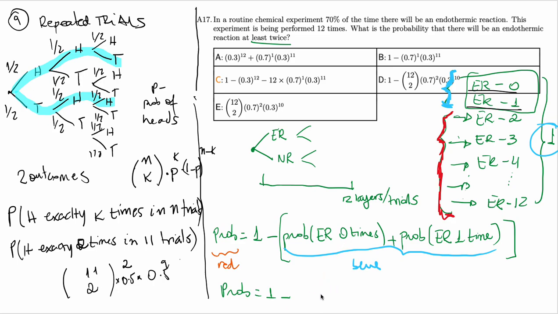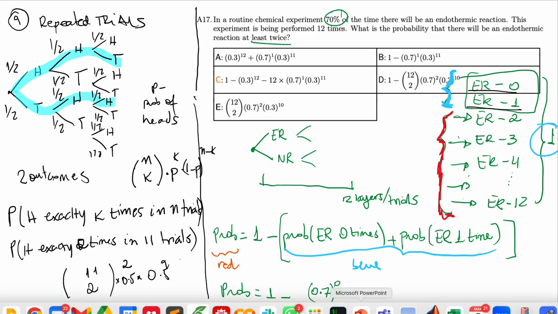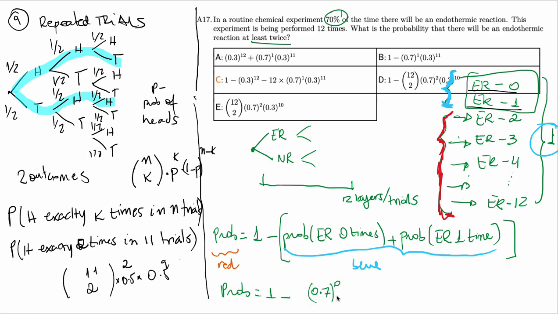Well, you have the probability of that thing happening, which is 70%. How many times will it appear if it appears 0 times? It won't appear, right? It will appear 0 times.